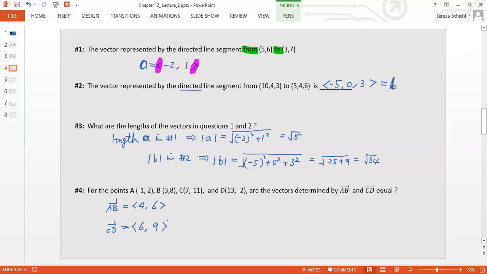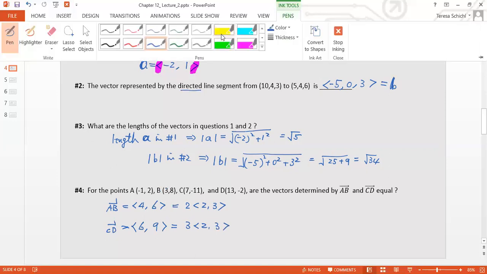Now if you take the constants out, the first can be 2 times the vector (2, 3). And for this one, you can take this vector out too, which is also (3, 2... (2, 3).